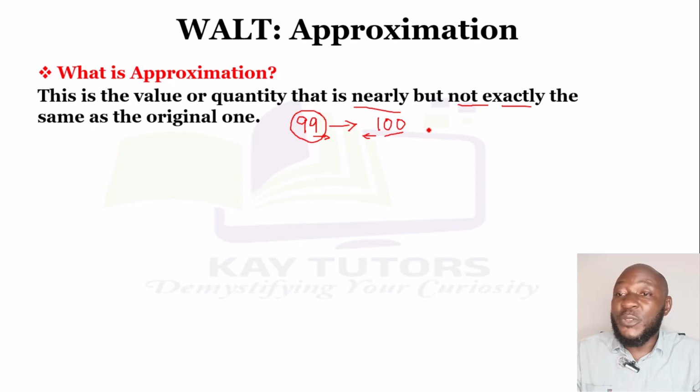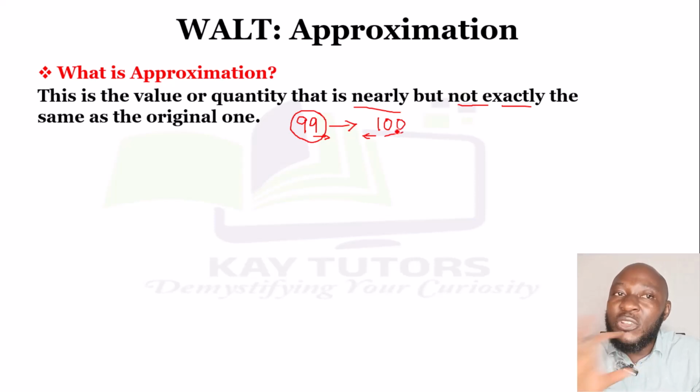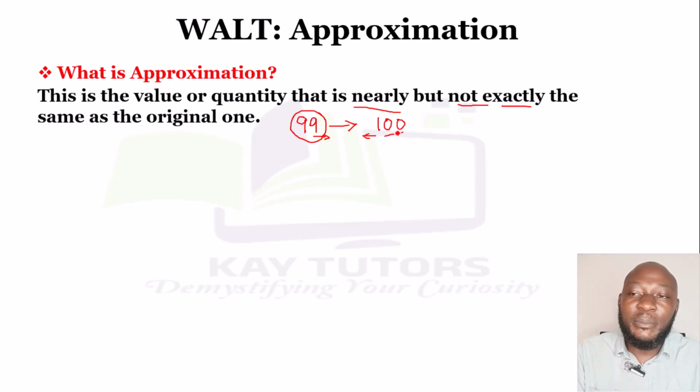That is the simple definition or explanation of approximation. The approximated number is close to the original number, but it is not exactly that number.